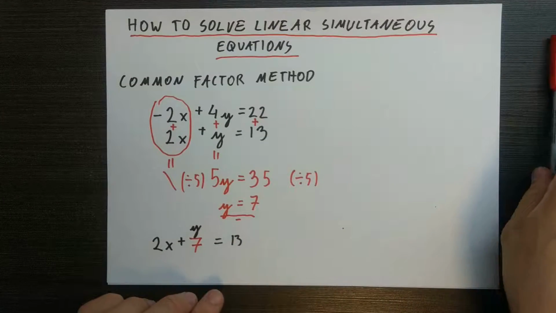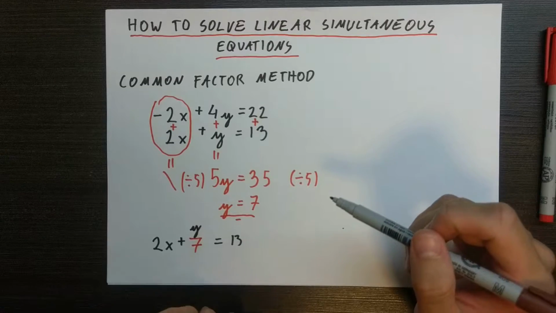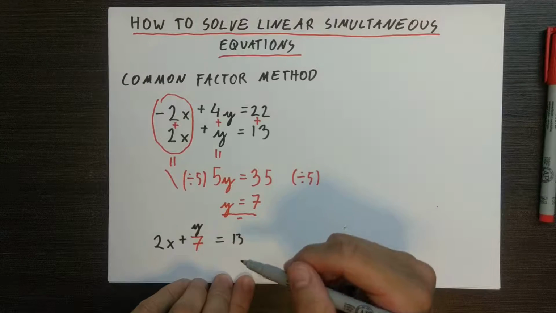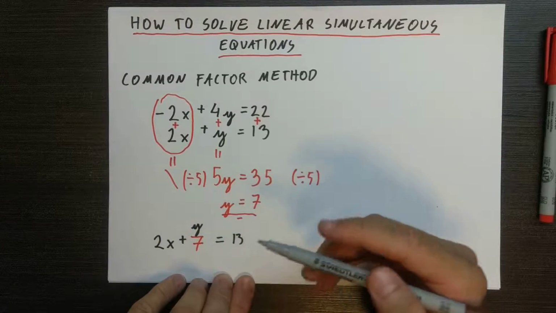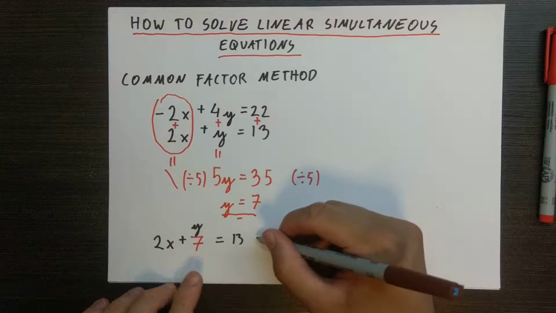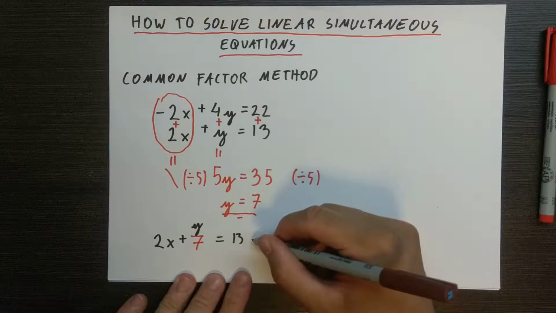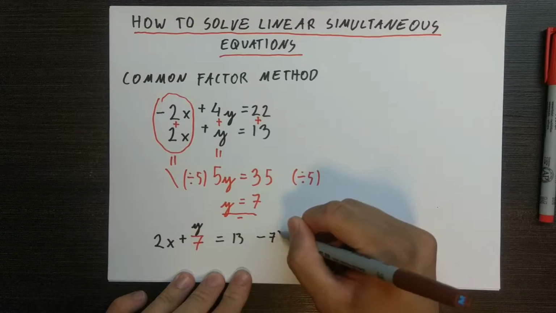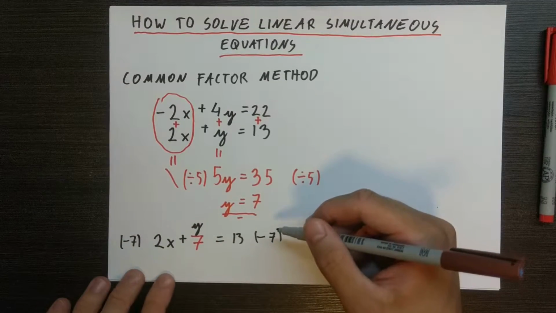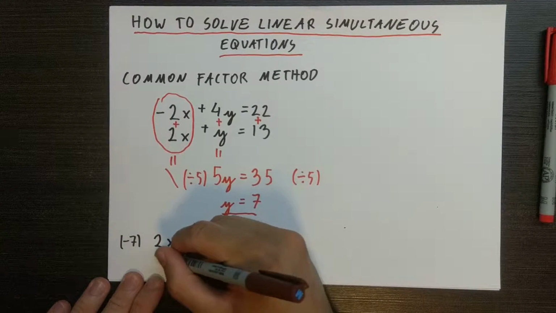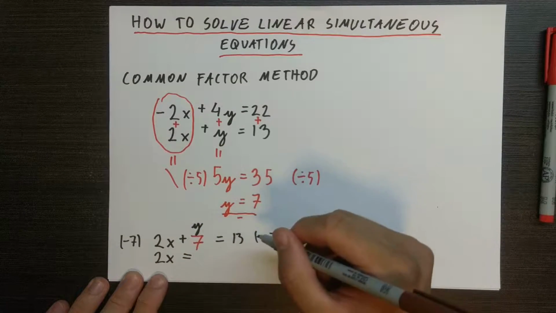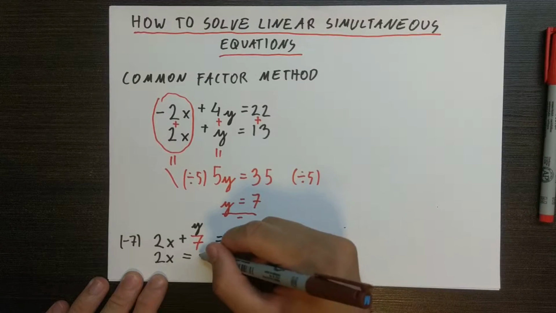So now, we can figure out the answer. So, how do we do this? We need to figure out the answer for x. So, first of all, we will subtract 7 from both sides. So, let's subtract 7 from both sides. And that will give us 2x equals 6.